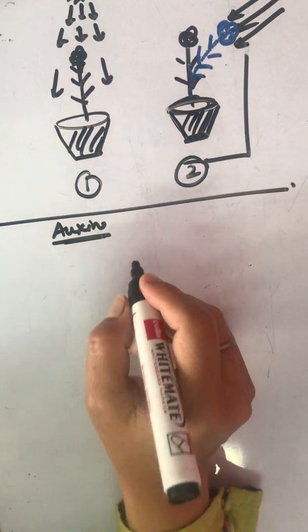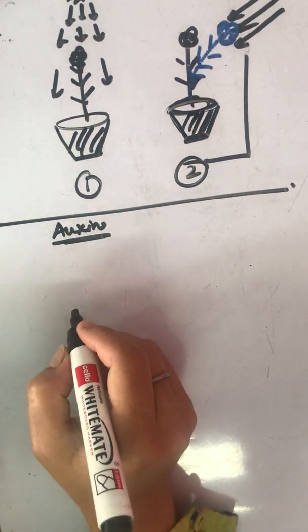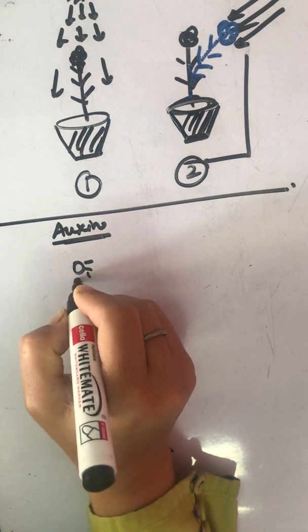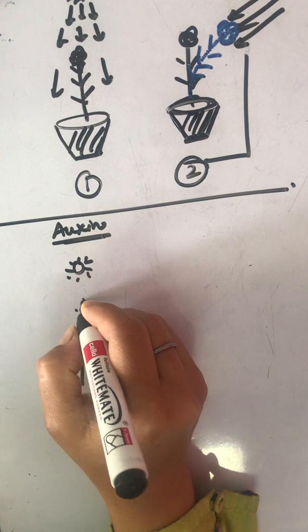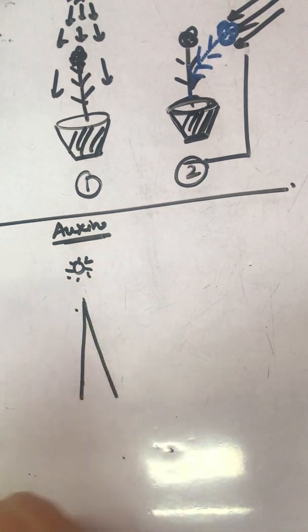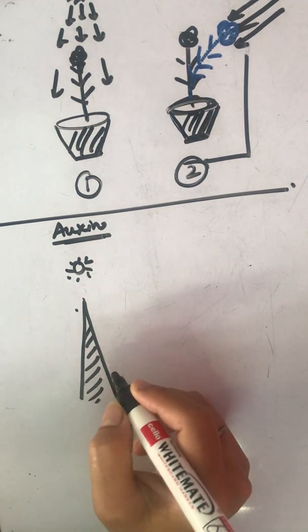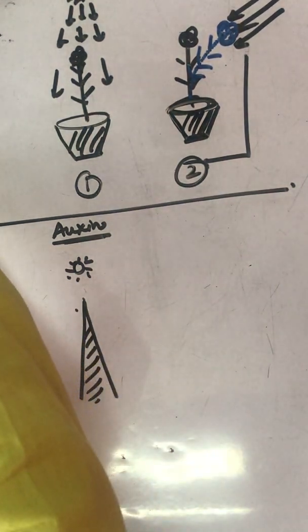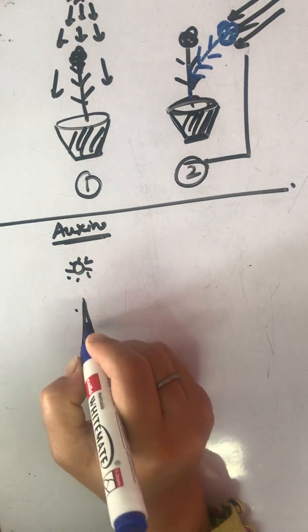In this, the first one, when we say the potted plant which is kept in direct sunlight, this is the sun which is overhead, and this is the stem, the apical region. It will start growing upright. Why? Because the auxin diffuses uniformly down the stem in the plant.